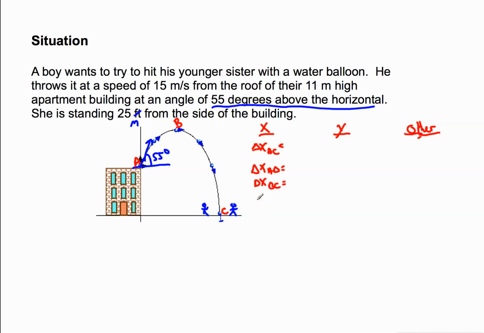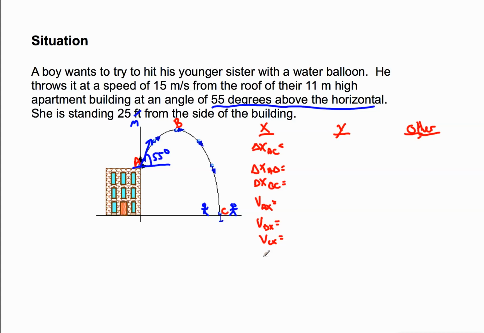What else do we have? Well, we have the velocity at A, but we only want the x part of that velocity. So we're going to subscript like this to indicate the velocity at point A, but only the x component of that. Velocity at B, x. Velocity at C, x.